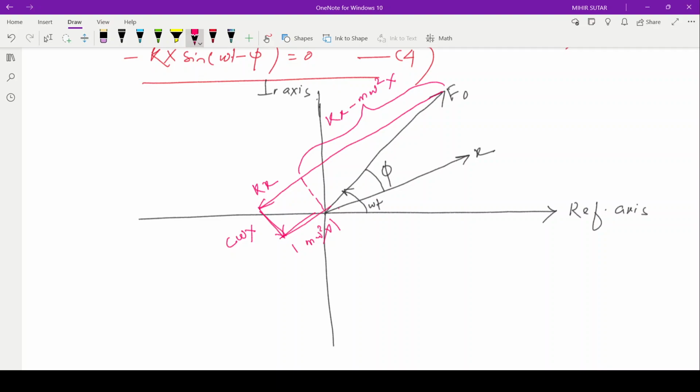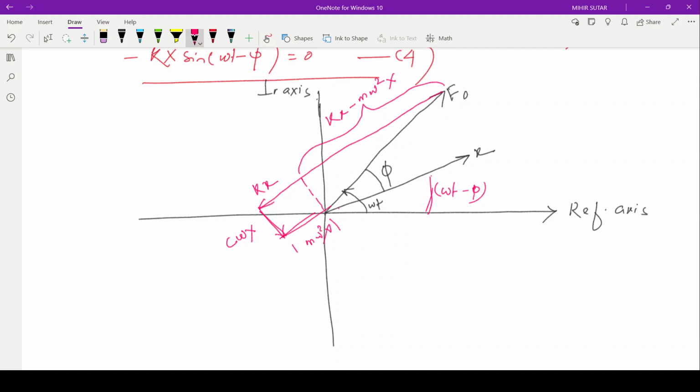Then from the equation's last part you can see we have minus kx sine omega t minus phi. That means this kx vector is in the opposite direction, because the sine is minus and the included angle is omega t minus phi. So we'll draw a line parallel to this displacement line, because this angle is now omega t minus phi. So that's why we got the vector minus kx, omega t minus phi. Got me? This line.